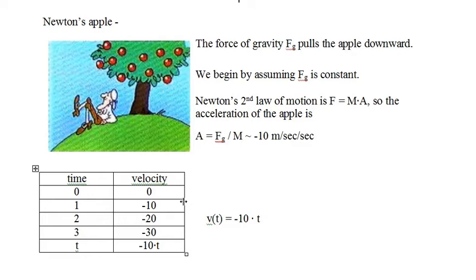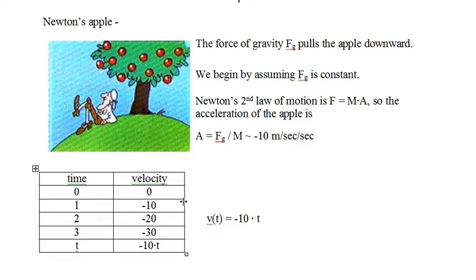And if we plug in the numbers using Newton's formula, it comes out to be about minus 10 meters per second squared. So we'll use this value for the acceleration of the apple as it falls. As the apple falls downward, its velocity increases by 10 meters per second every second that it falls, with the negative sign appearing because the velocity is downward.